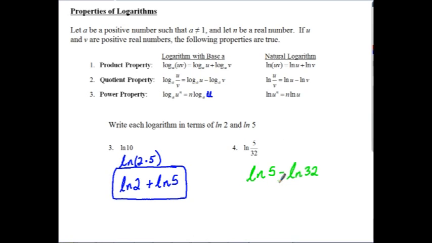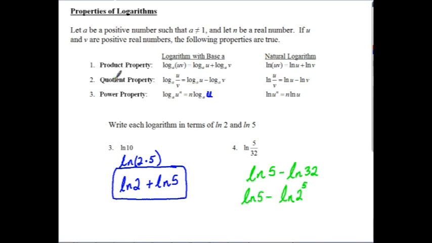Natural log of 5 is good, but the natural log of 32 is a little too big still. But the good thing with this is, 2 to what power would give you 32? So we're going to think of 2 squared is 4, 2 cubed is 8, 2 to the 4th is 16, 2 to the 5th would give me 32. So natural log of 5 minus the natural log of 2 to the 5th power.